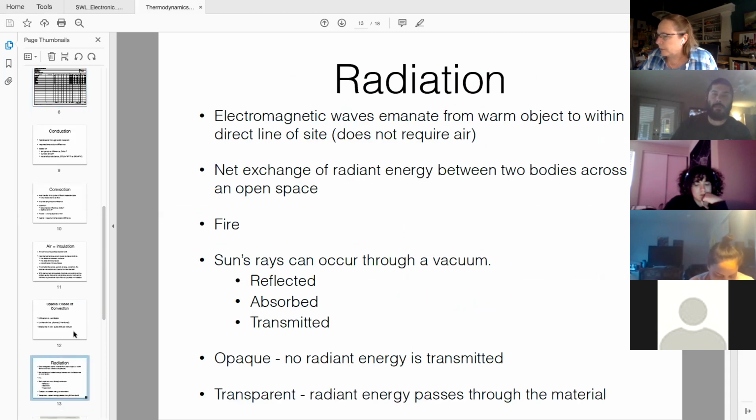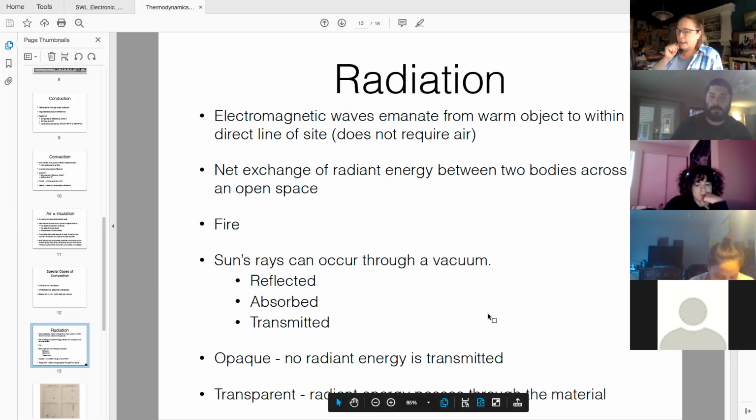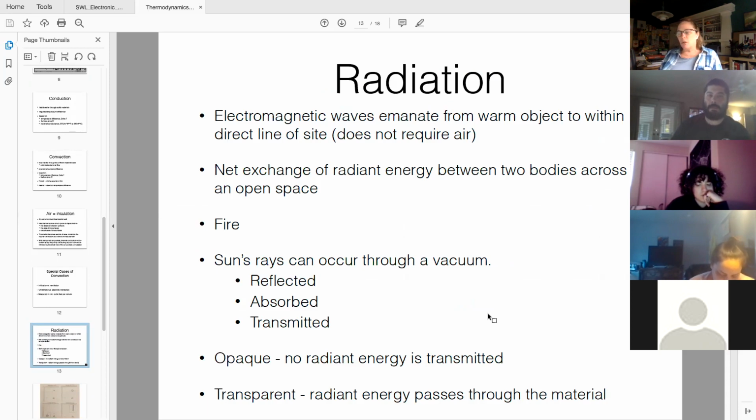Okay, the third method is radiation. Conduction and convection are fairly straightforward. Radiation is the most challenging concept for heat transfer.